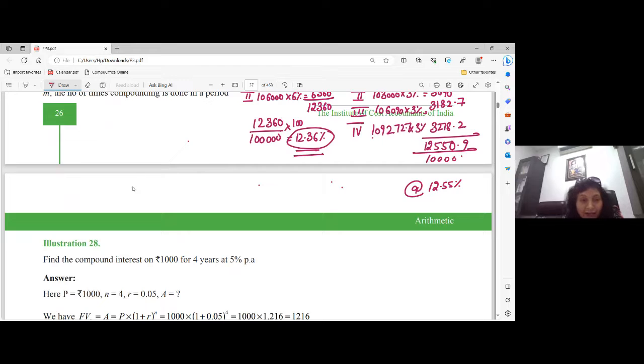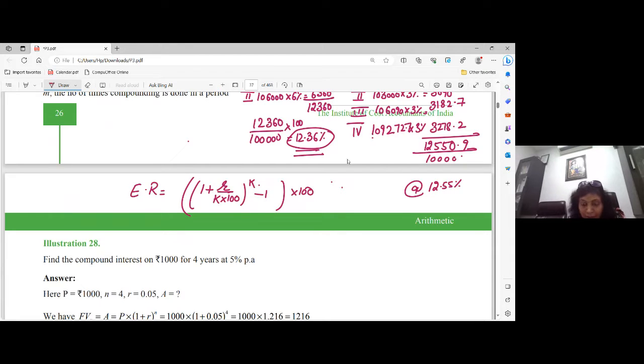So if you want to find out effective rate of interest, then formula is (1 plus R upon K into 100) per K minus 1, into 100. So this is the formula for effective rate of interest.